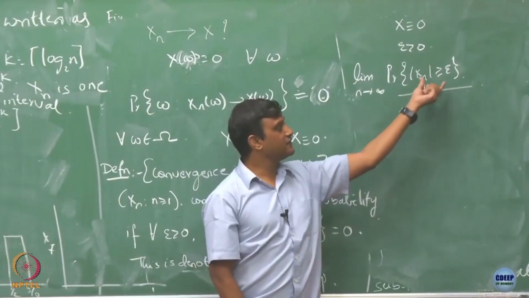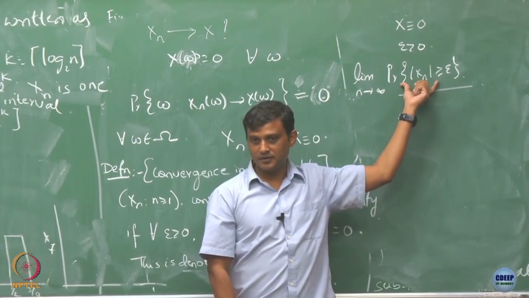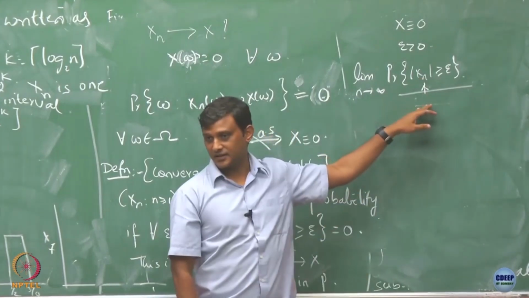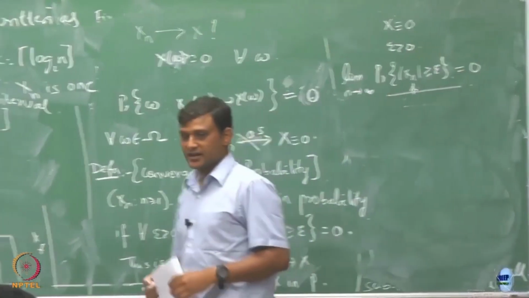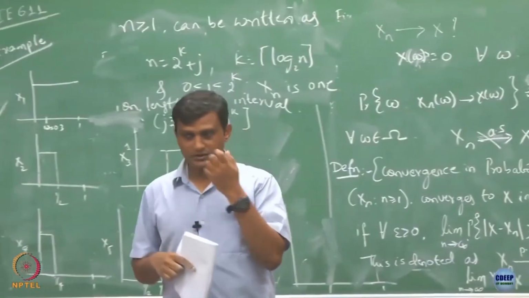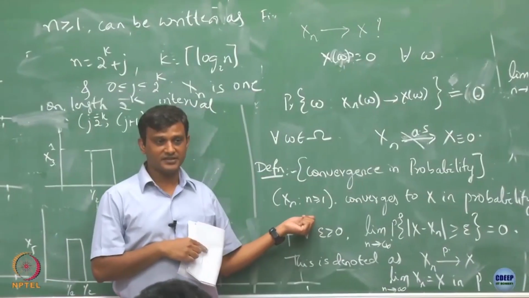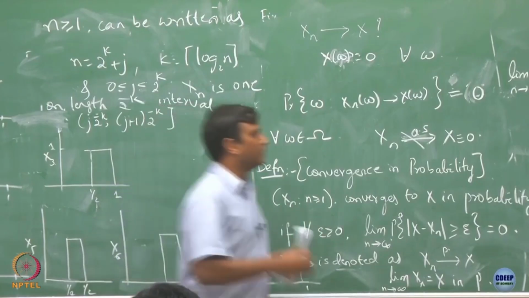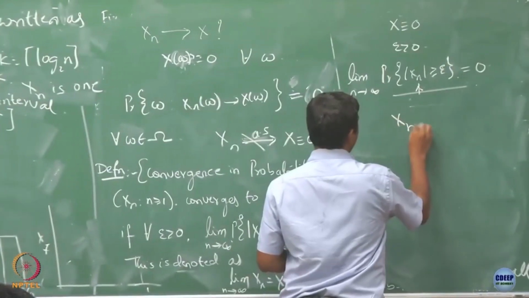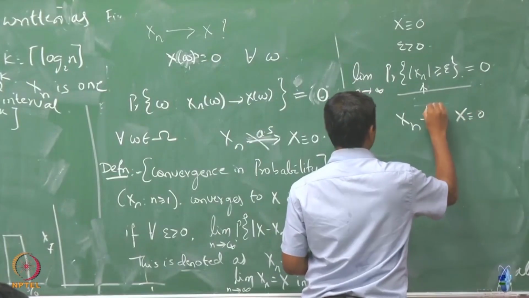Then this event will never hold and this probability will be 0. Because of that, is it true that this is going to be 0 for any epsilon greater than 0? Then does it satisfy my definition of convergence in probability? That's right. So Xn converges to X here in probability.